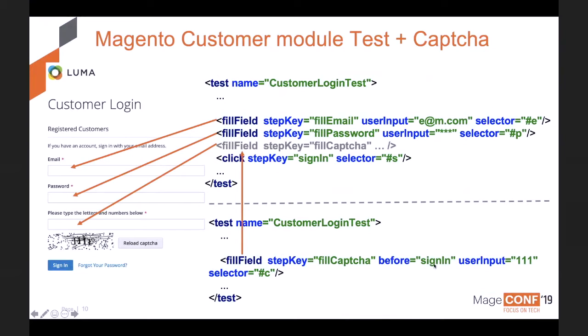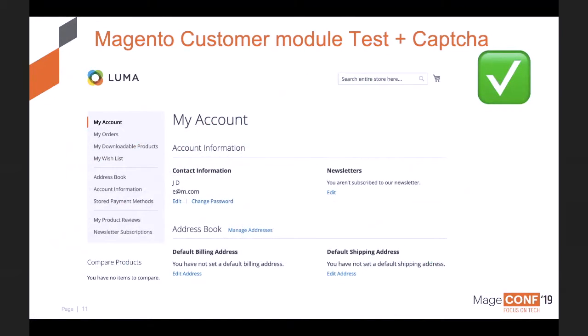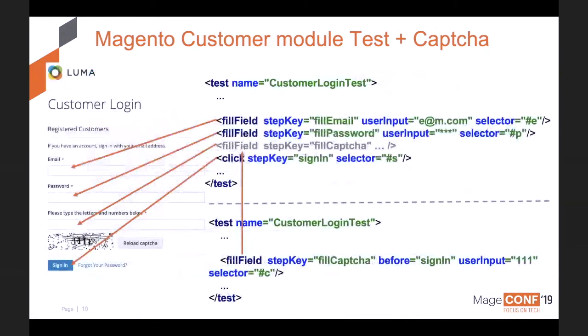This reference is where our step keys are very important. We reference a step key because this is our unique identifier. Magic will happen: it will fill the CAPTCHA field, click the sign in button, and obviously the test will pass. So that's how merging works and how you can extend your test with MITF.